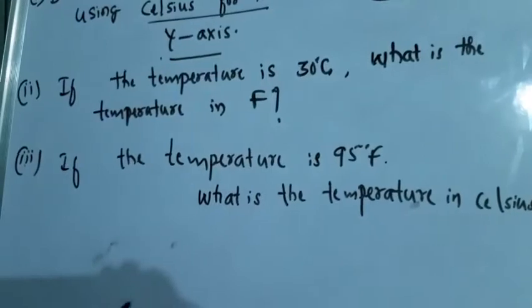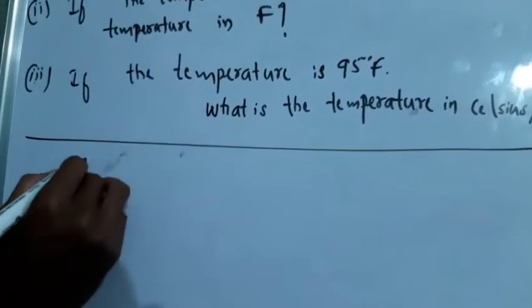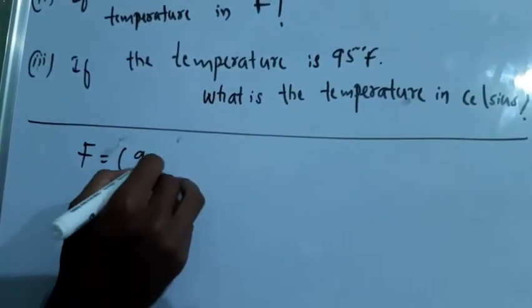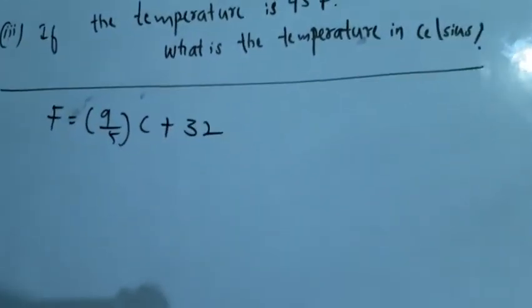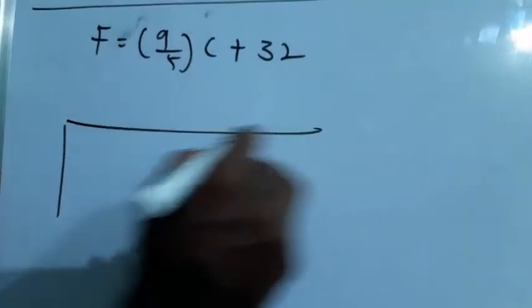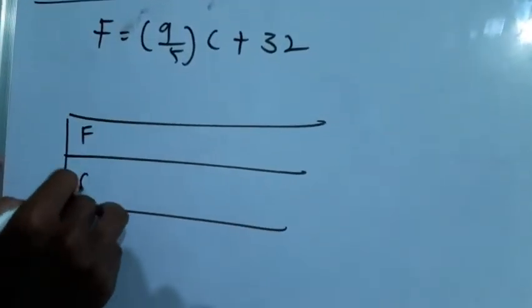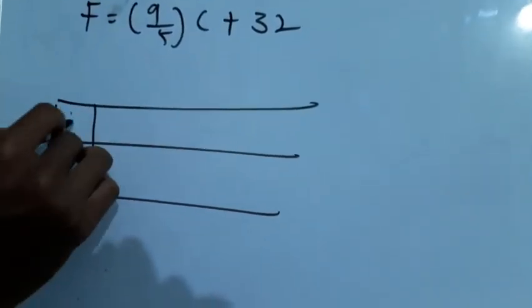Now, I'll write down that equation. F is equal to 9/5 into C plus 32. So for x, usually we'll write x here.